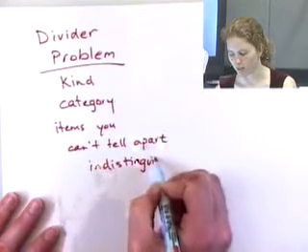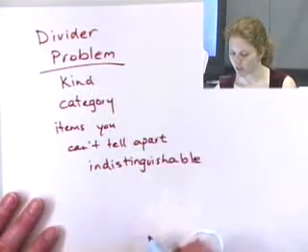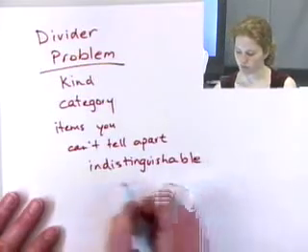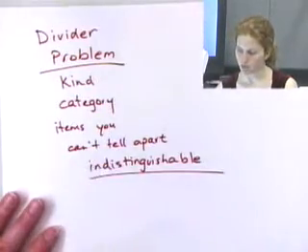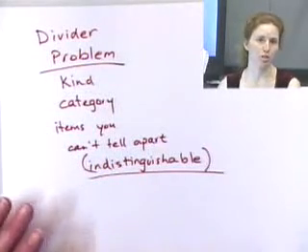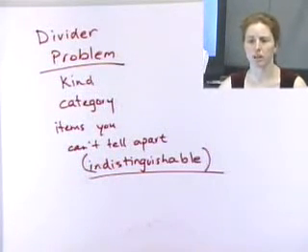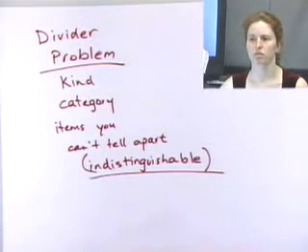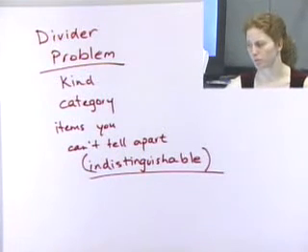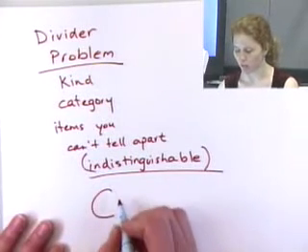That's what this word means. Indistinguishable. That's a hint. It may not be a divider problem just because there's indistinguishable objects, but a lot of times it's going to be. If you can figure out what the kinds are, then it's often going to be a divider problem.